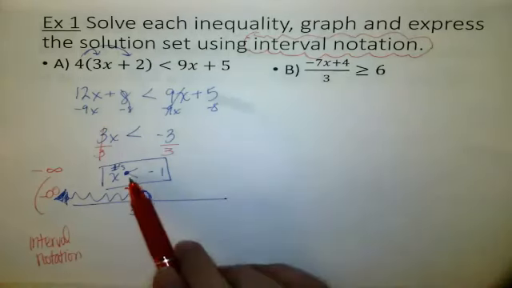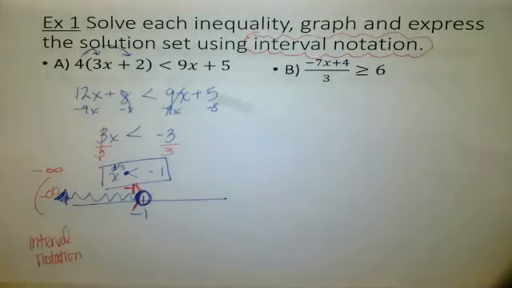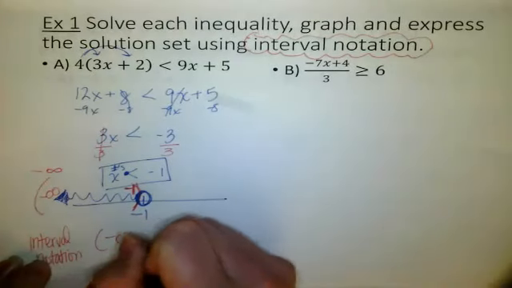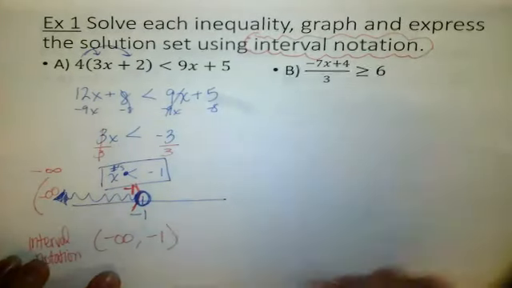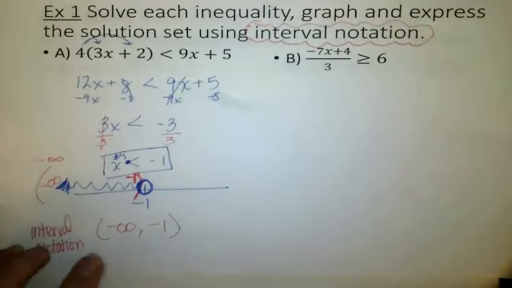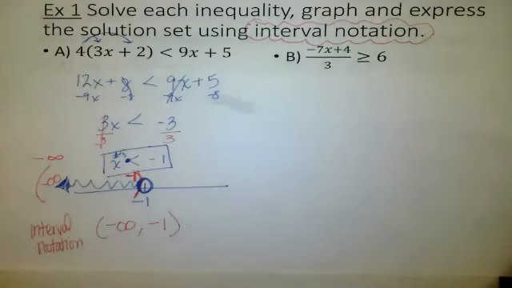Just like our less than symbol means you get super duper close to, but do not include -1. So negative infinity, comma, -1 inside of parentheses. Is it parentheses or brackets? Parentheses.